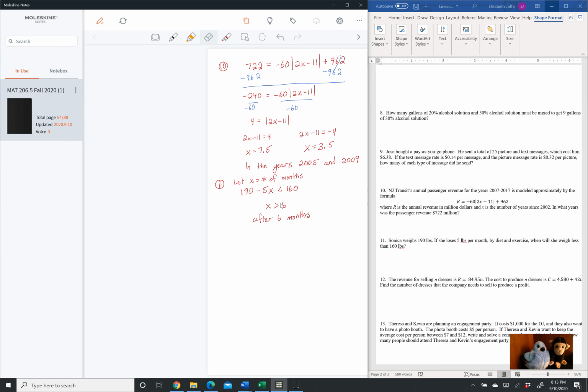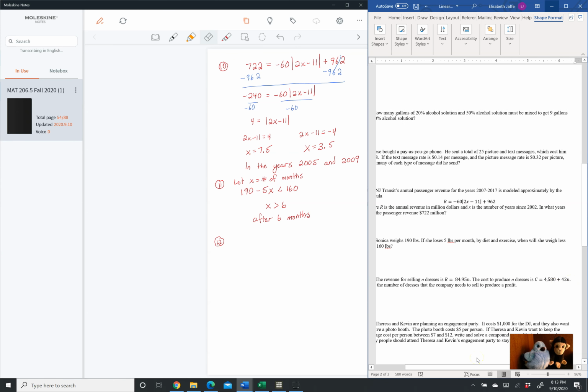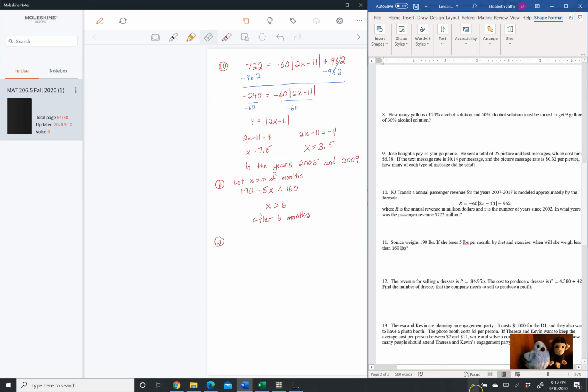Let's just take a quick look at 12. The revenue for selling N dresses is R equals 84.95 N. The cost is 4,580 plus 42N. So we're given two equations. Find the number of dresses that the company needs to sell to produce a profit.